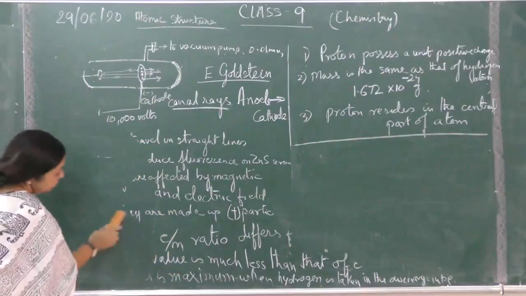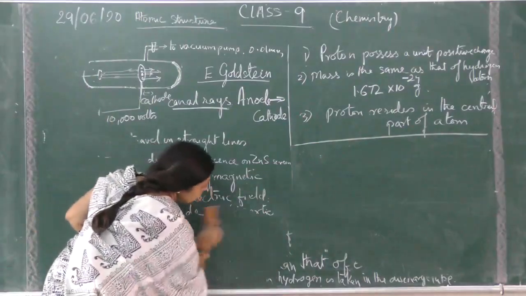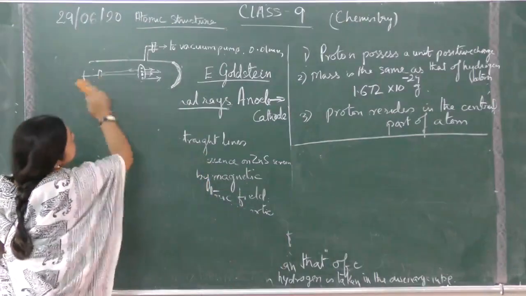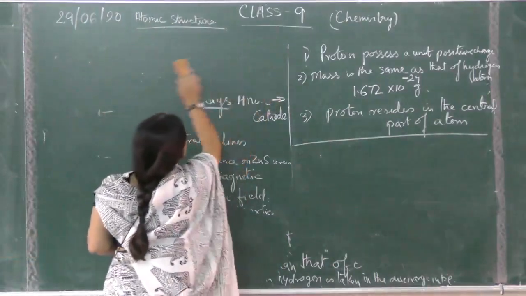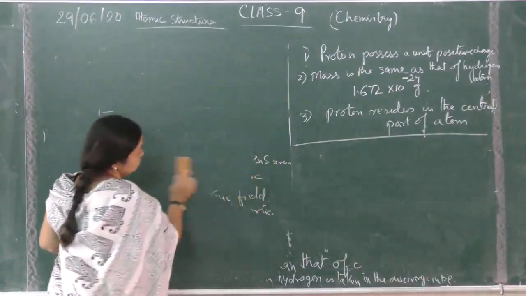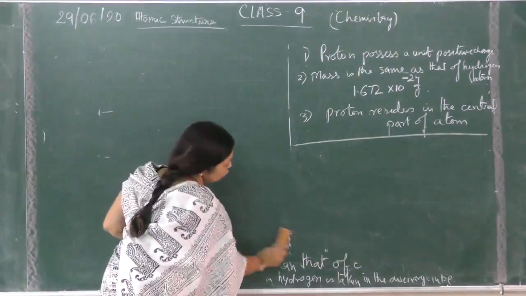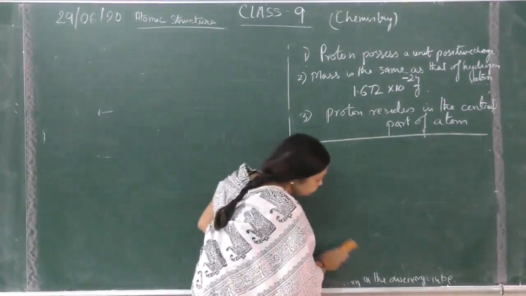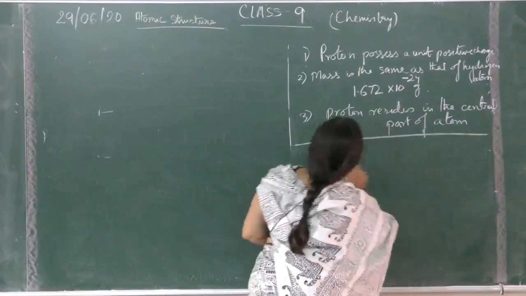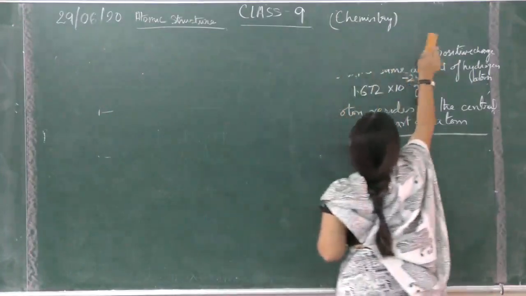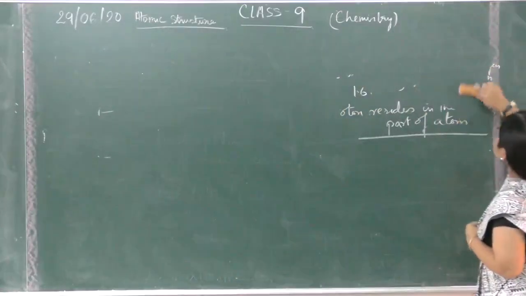According to him, the atom is a charged sphere. It's an ocean of protons, and the electrons are embedded as plums are embedded in a pudding.